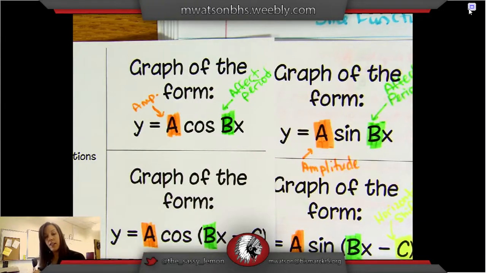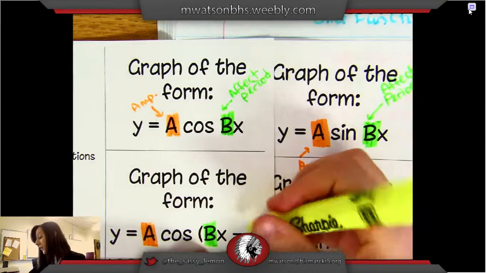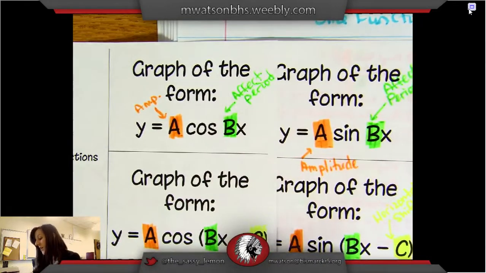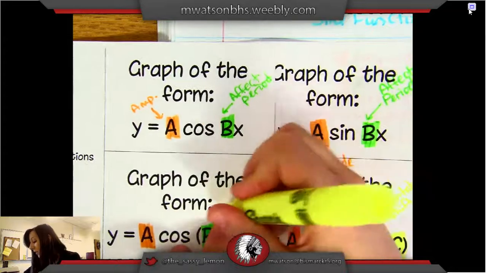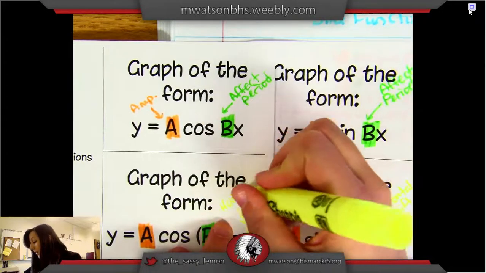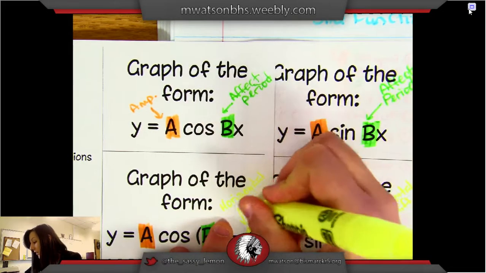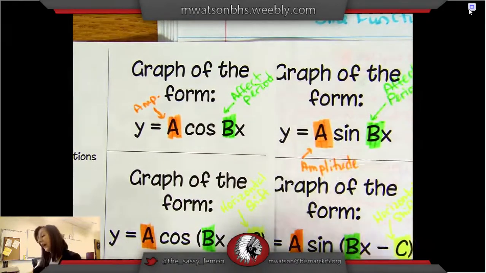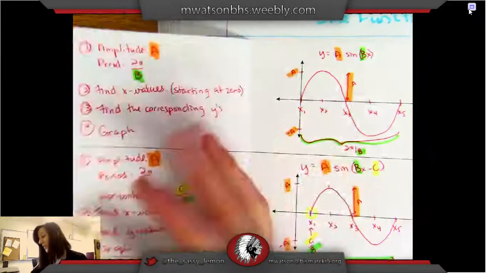And then in the second half of the foldable, whatever number you're subtracting in your angle measure is always going to affect your horizontal shift. So same concepts, we're just really driving it home by practicing it again with cosine.